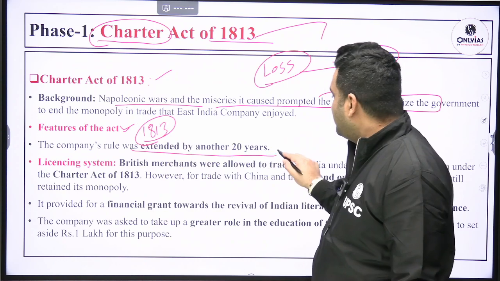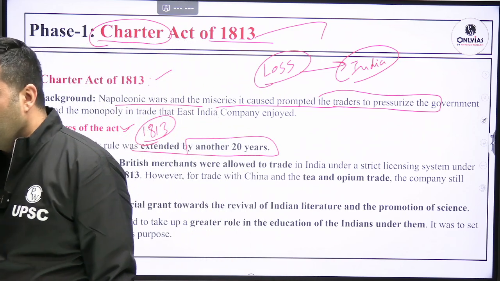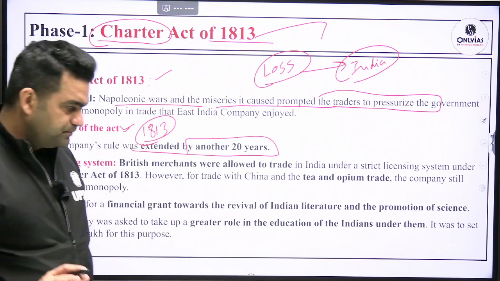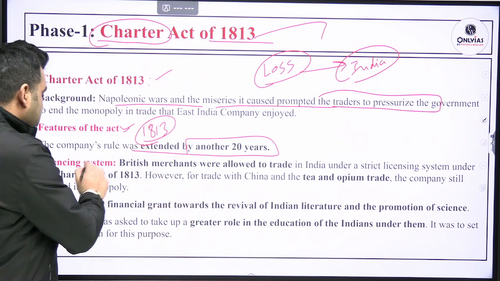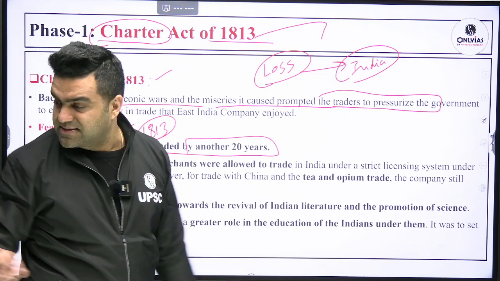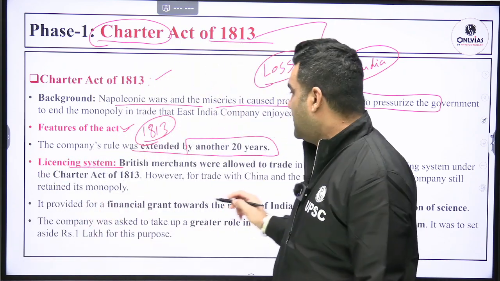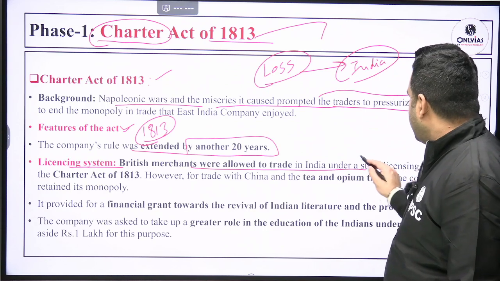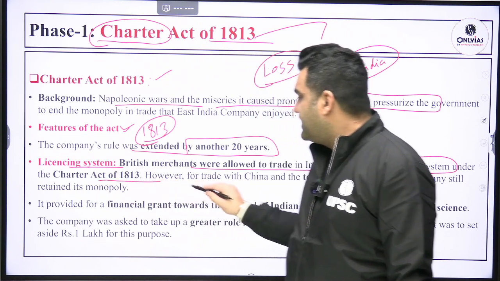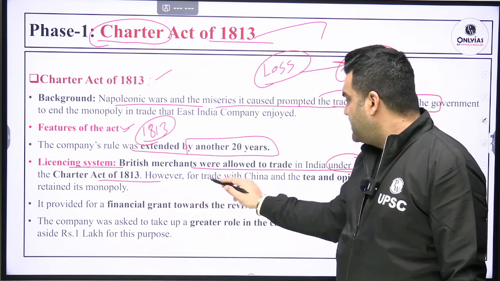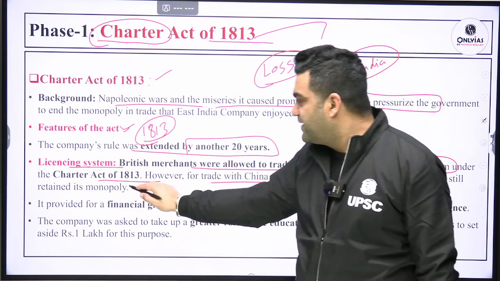Company's rule was extended by another 20 years. Because the company was keeping them very happy, the company's rule was extended by another 20 years. But the government introduced a very, very strict licensing system. British merchants were allowed to trade in India under a strict licensing system under the Charter Act of 1813. However, for trade with China and the tea and opium trade, the company still retained its monopoly.